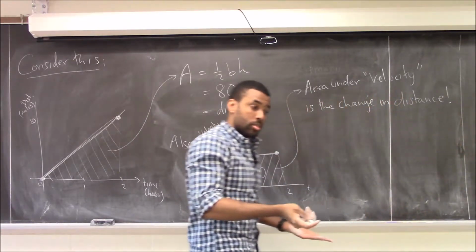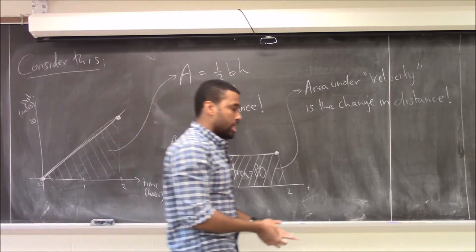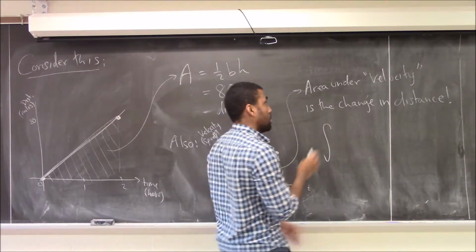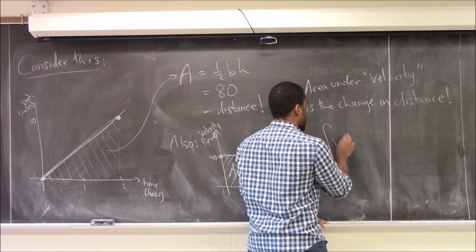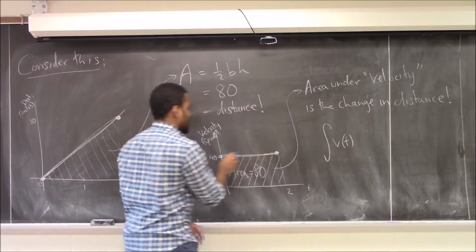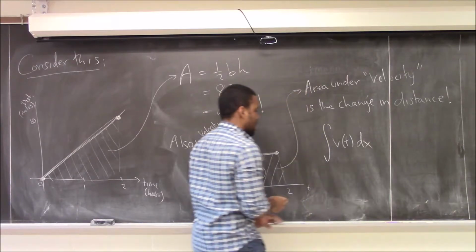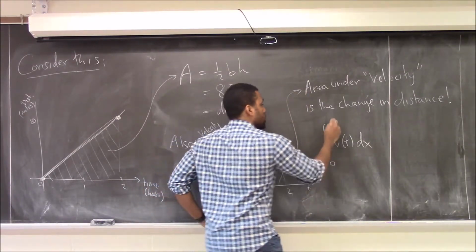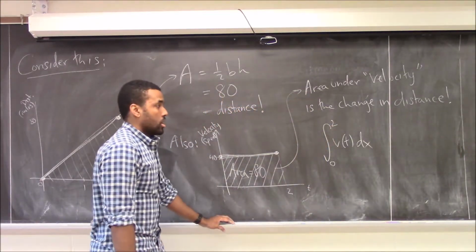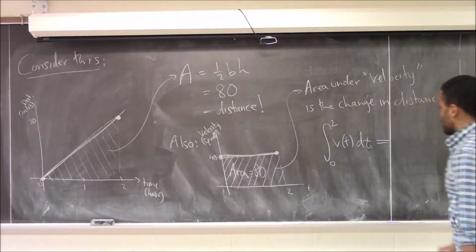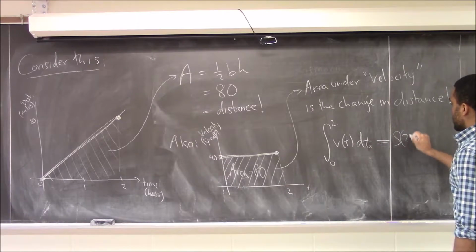In other words, to use the notation that I had before, if I take the antiderivative, the integral of velocity, right? So v of t is representing my velocity function. This symbol finds the area under that curve between 0 and 2. How you can interpret that is the change in distance.